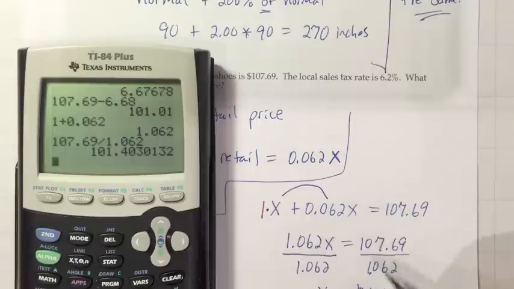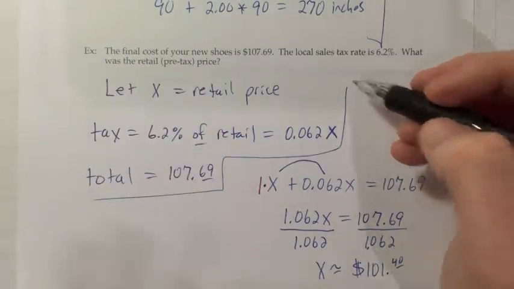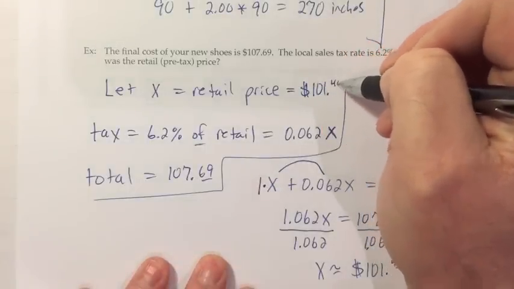So it does make a difference. In this case, not a big difference, but sometimes it can be a really big difference. Sorry, couldn't see that answer there. 101.40. So make sure we answer the question. Go back up here. What was the retail price? It was $101.40.